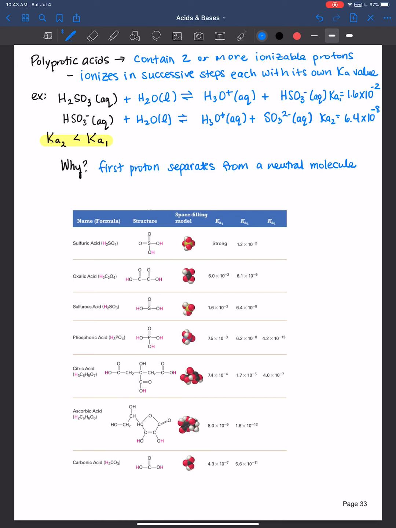The second proton must ionize from a negatively charged ion, an anion. So therefore, it's held more tightly. Remember, protons have a positive charge. So trying to leave a negative charge, which it's attracted to, is so much harder.